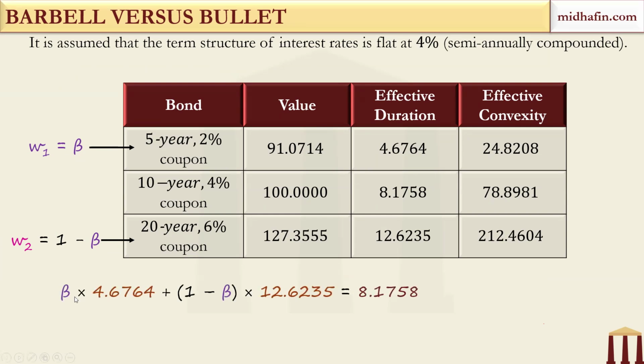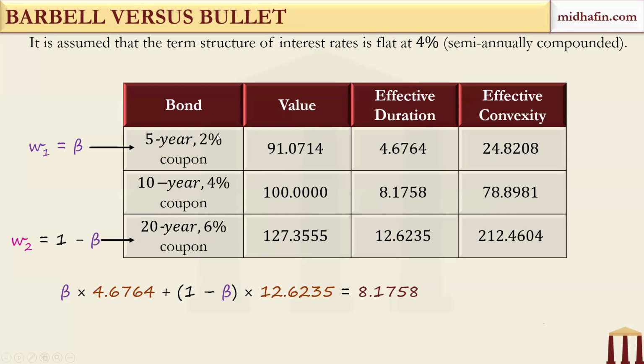Now I try to find the weights. The idea is I want to match the duration. If I am a bullet investor, since you have invested in the 10-year 4% coupon bond, the duration is 8.1758.